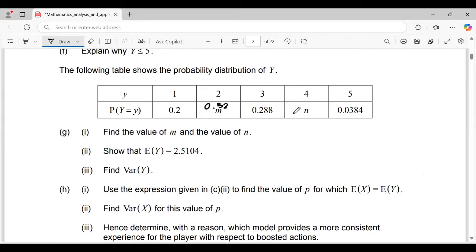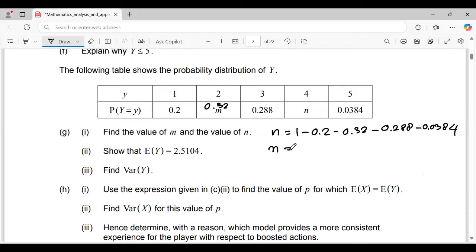How about N? We can calculate N as 1 minus 0.2 minus 0.32 minus 0.288 minus 0.0384.